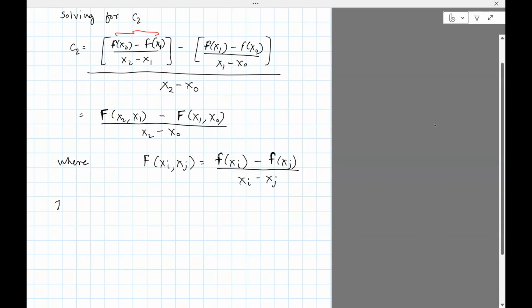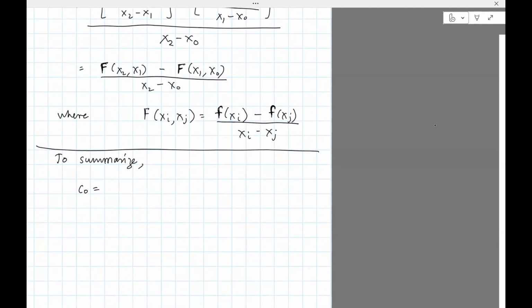Okay, to summarize, I'm going to summarize all the constants we've got. We have 3 constants in this problem. Those were as follows. C0 was f of x0. C1 was small f of x1 minus small f x0 divided by x1 minus x0. And then we could potentially write this as capital F x1 comma x0.